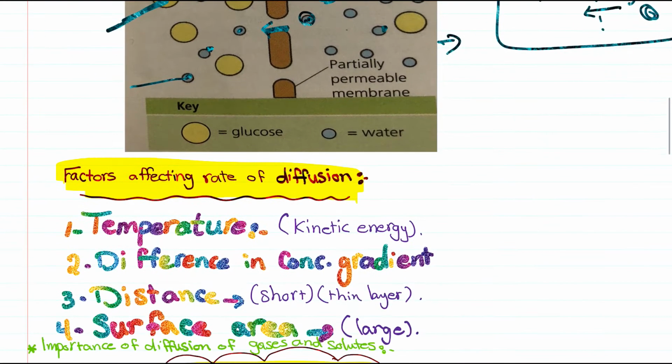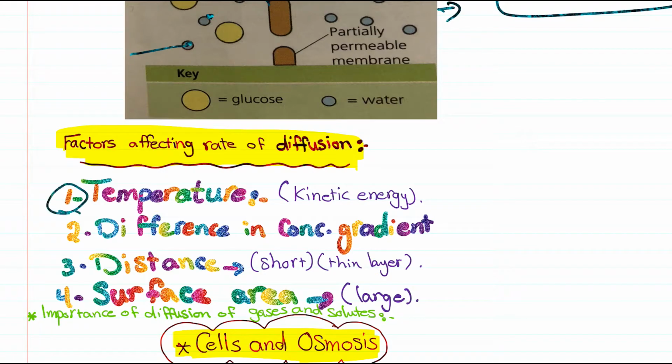Are there any factors affecting the rate of diffusion? Actually, we have different factors. Here I have the temperature. Temperature increases the rate of diffusion because it increases the kinetic energy of the molecules, so the random movement of molecules is faster and they diffuse faster.